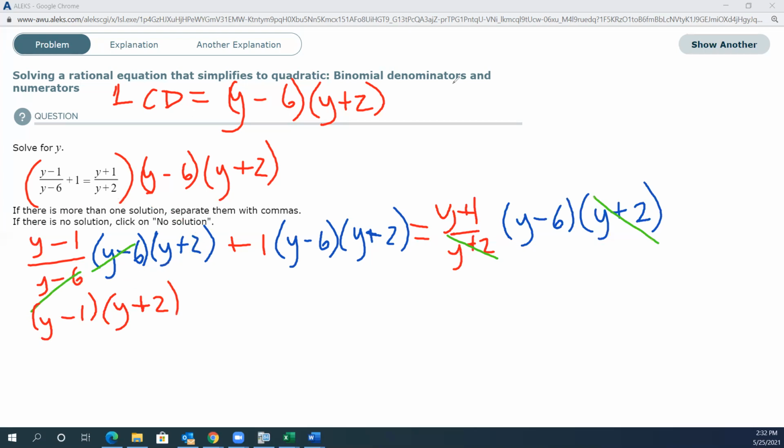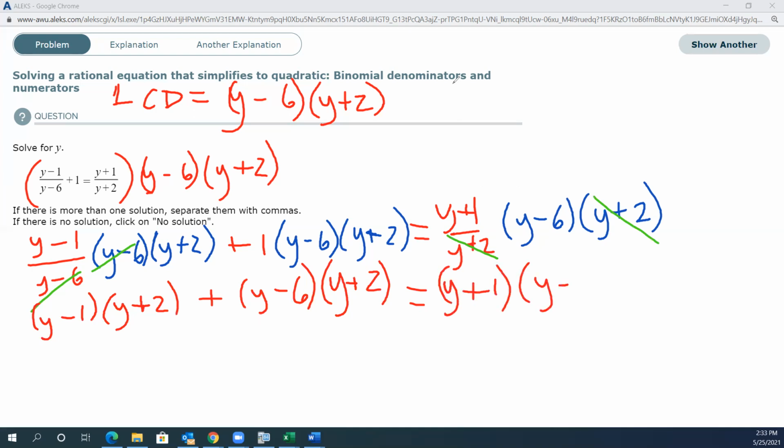Then we've got that right there, and I don't really need the 1 at this point. Then on the right side of the equation, I'm just left with these, which did not get canceled away. So now we've got an equation with no fractions. Yeehaw! Now it's time to multiply these out, and these out, and these out.